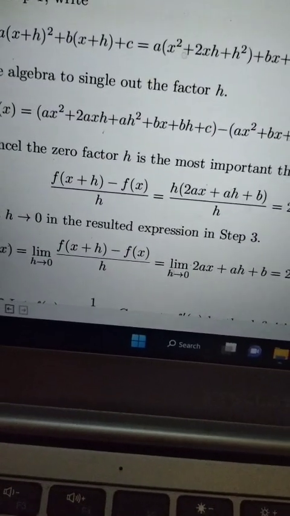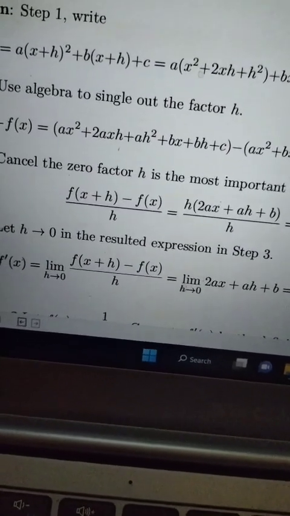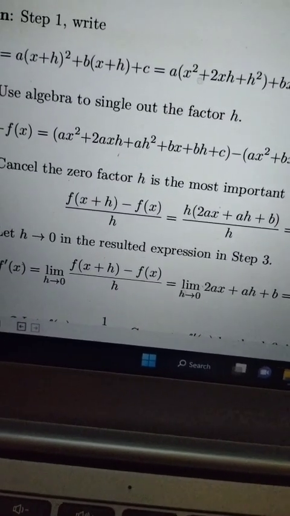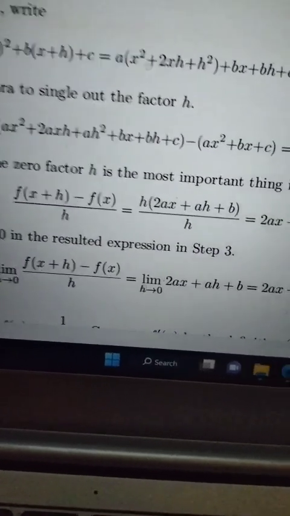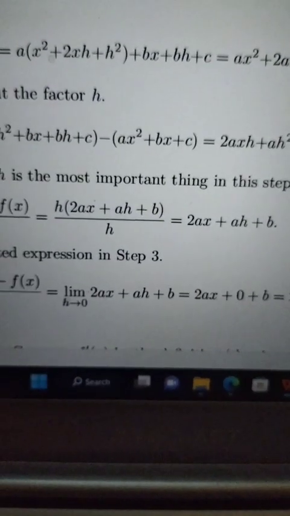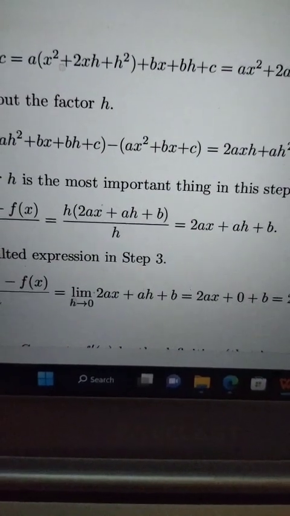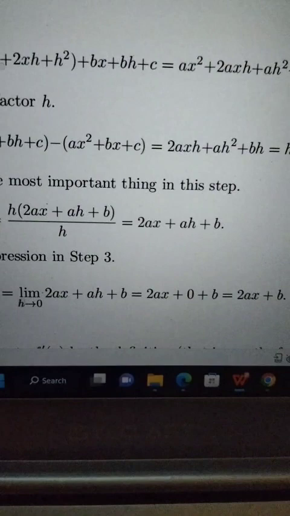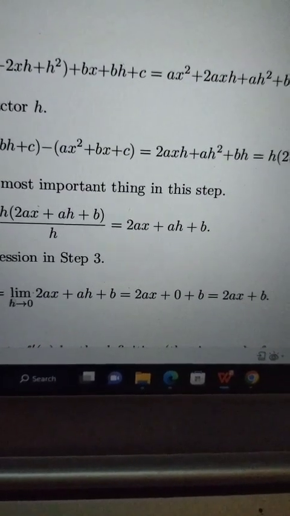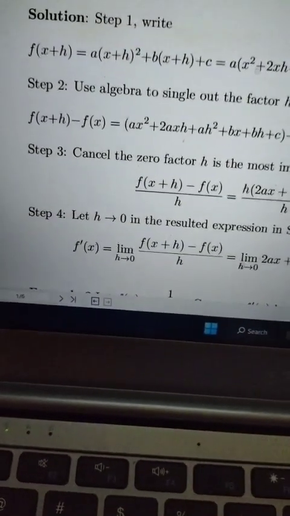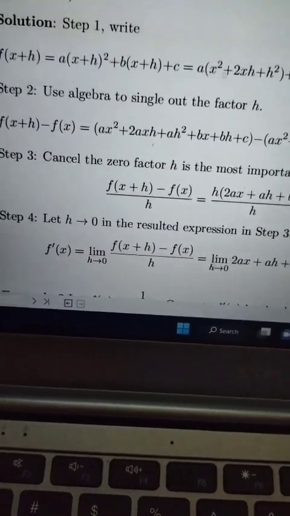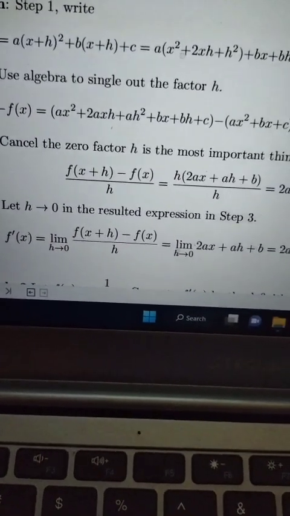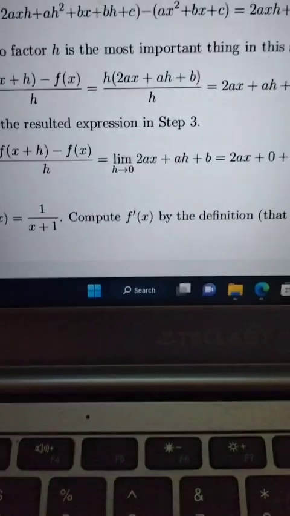So [f(x + h) minus f(x)] over h equals h(2ax plus ah plus b) over h, equals 2ax plus ah plus b. Then we proceed to step 4. Let h go to 0 in the resulting expression in step 3.